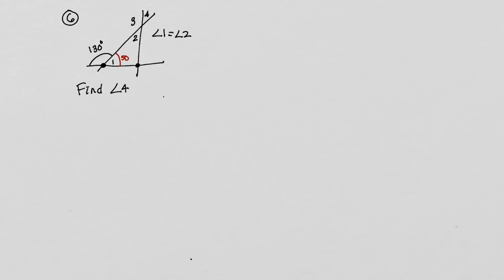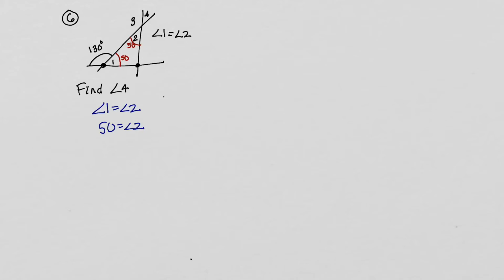So if we use that information, that angle 1 equals angle 2, and we just found that angle 1 is 50 degrees. Let's put a 50 here. We'll have 50 is equal to angle 2. So now we have that angle 2 up here, that's also 50 degrees. So now I can take that angle 2 and make that 50 degrees.